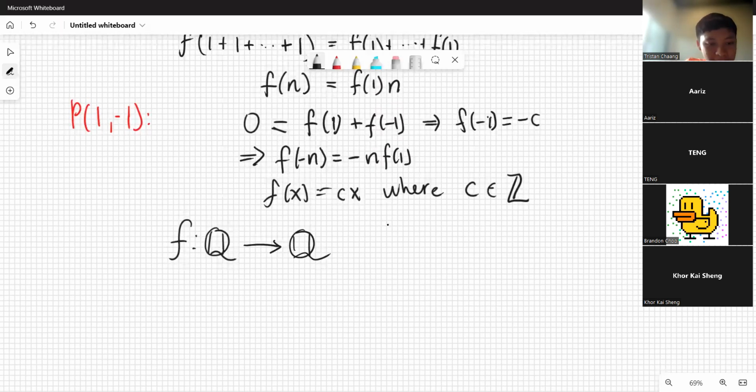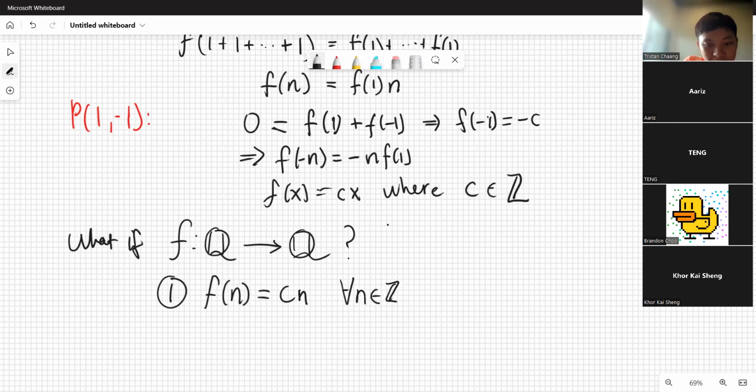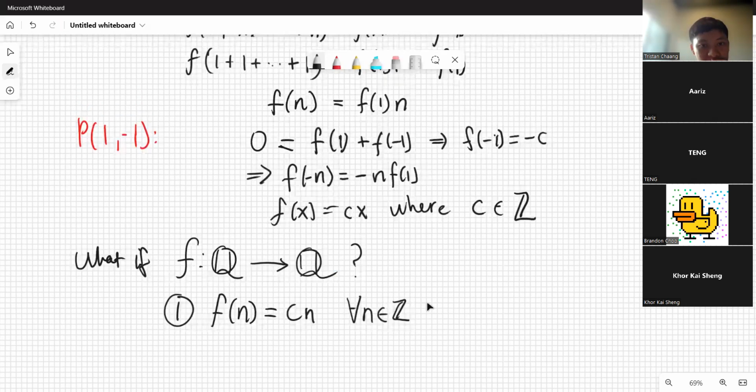We get f(n) is equal to cn for all integers n. But now we have a relaxed condition for c.